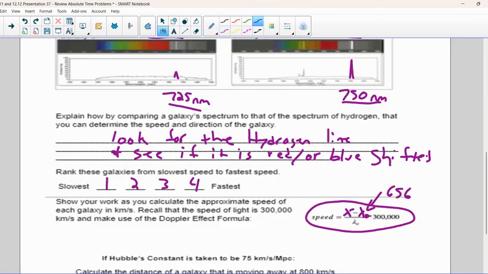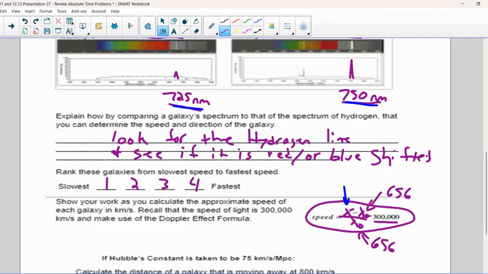And lambda prime is what you measured it to be. That's these numbers here. And then you're going to divide by lambda naught, which is, again, what it's supposed to be, which is 656. So we're looking for how much it's shifted as a percent of the speed of light, and then we're going to multiply that number by 300,000.